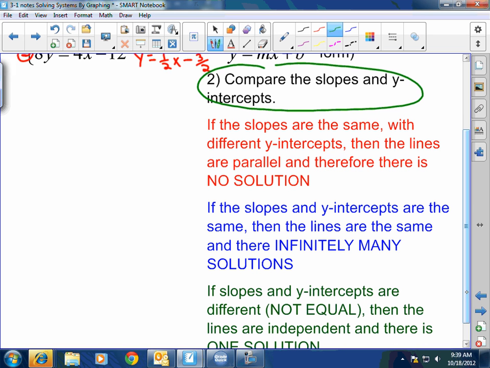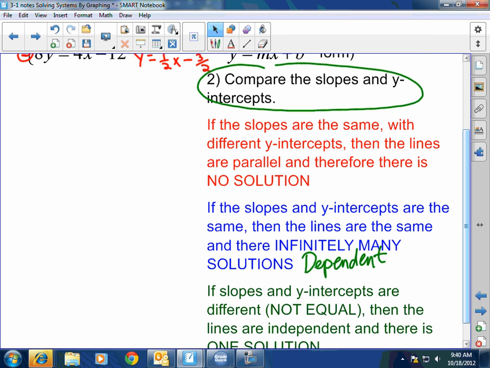If the slopes and the y-intercepts are the same, then the lines are the same and there are infinitely many solutions, and that would be a dependent, correct? When it's the same line. This was no solution, we already got that.